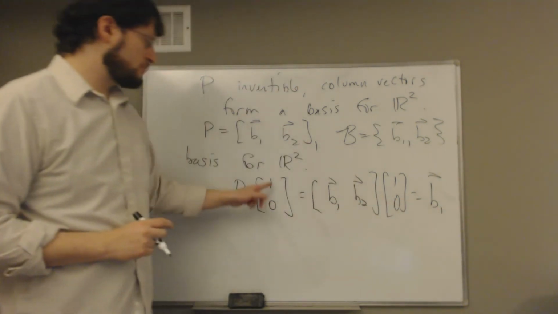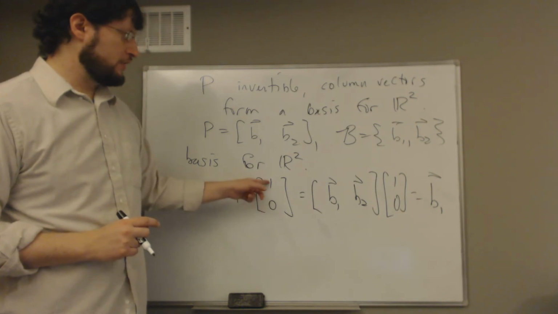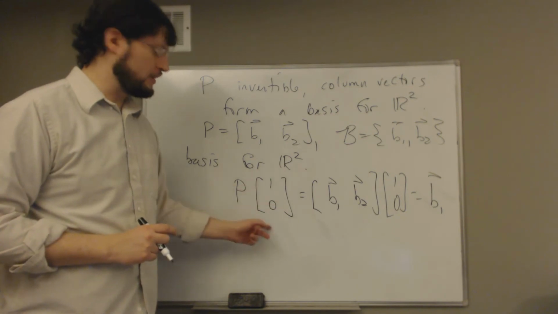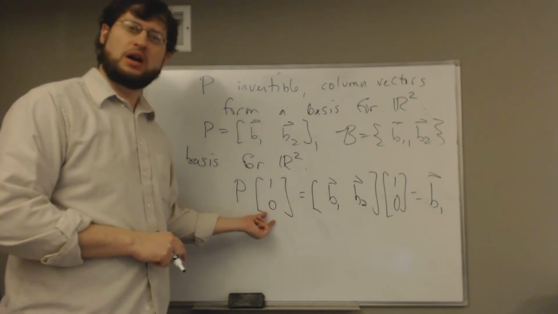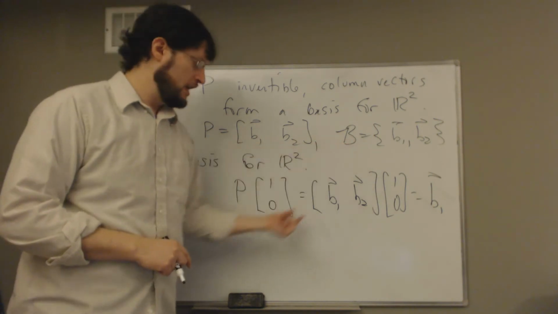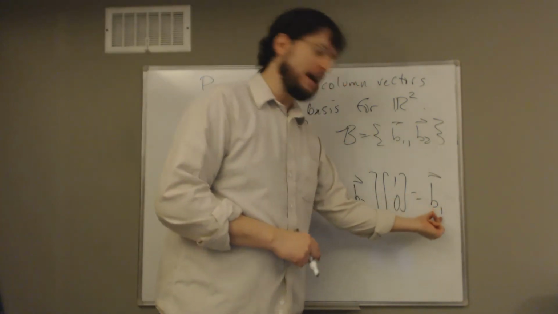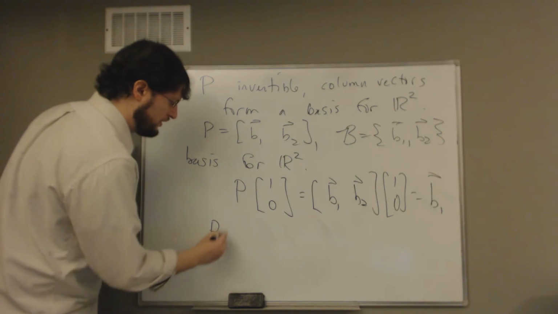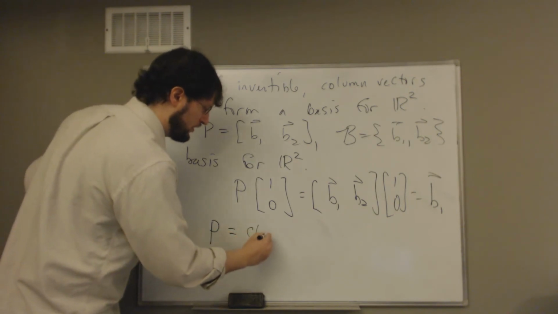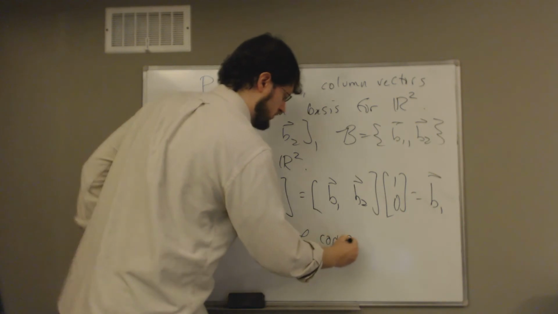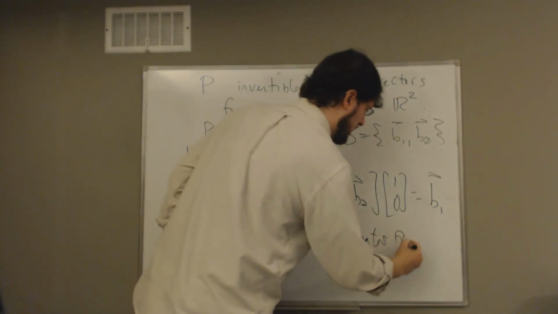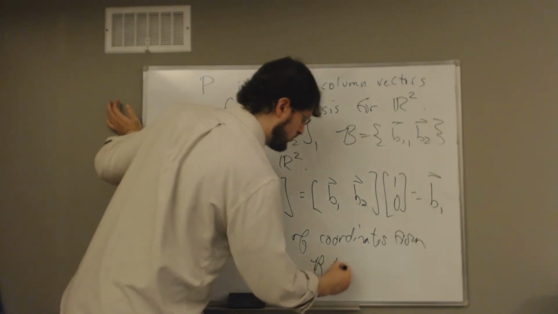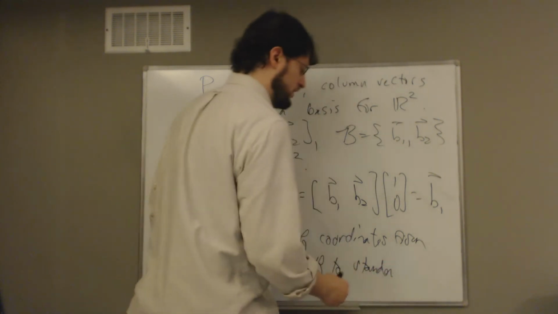Well, B1 corresponds to 1, 0, so this is like 1 B1 plus 0 B2. I'm thinking about this as coordinates in the basis B, and it outputs the actual vector B1. So this is saying that P is actually the change of coordinates from the basis B to the standard basis, E1, E2.